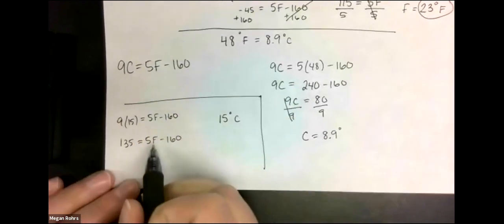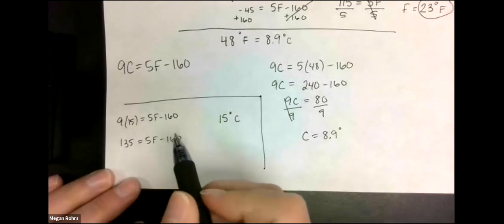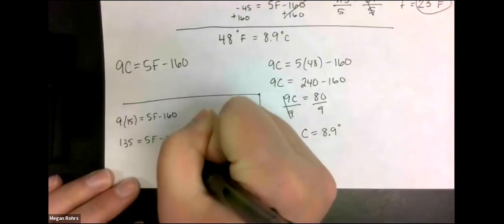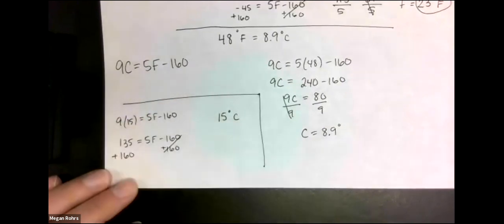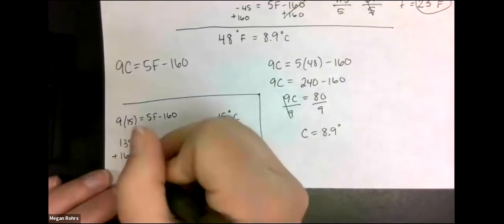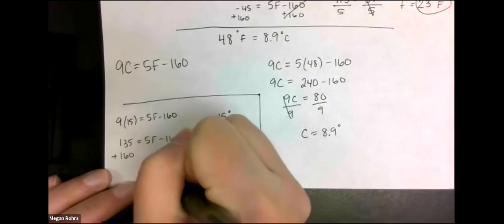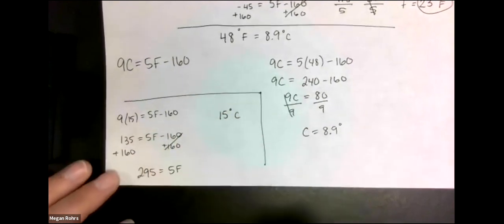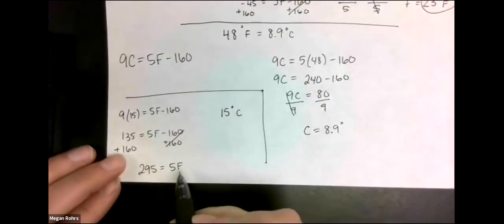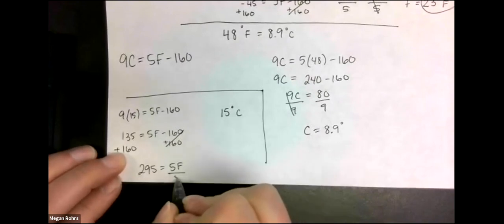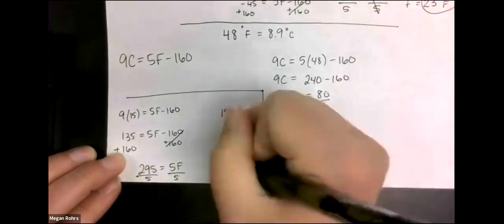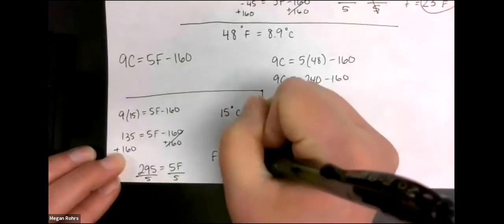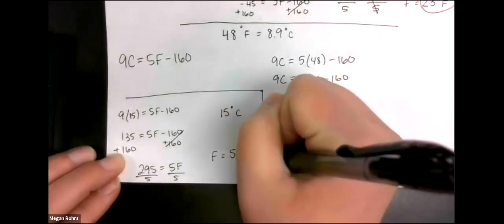Now to get F by itself, first I need to remove the 160, so we're going to add 160 to this side. Gives me 295 equals 5F. Now to get F by itself, I want to divide by 5. And F is 59 degrees Fahrenheit.